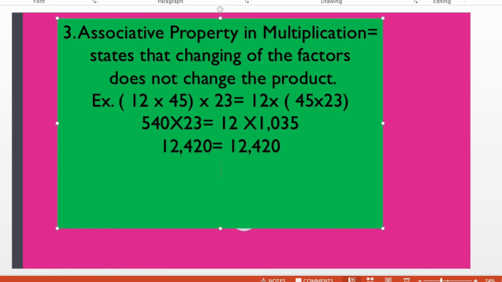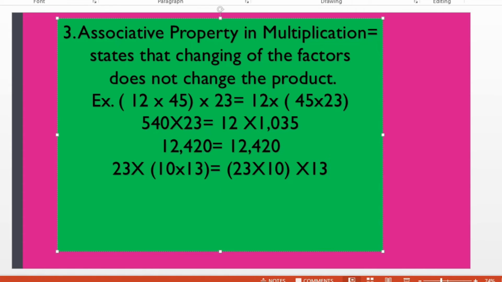Another example, 23 times 10 times 13 equals 23, close and open parenthesis muna, 23 times 10 times 13.